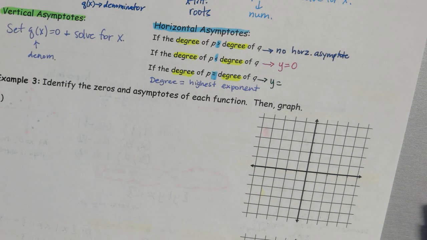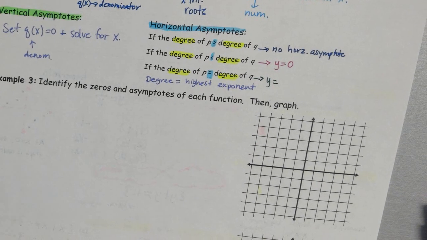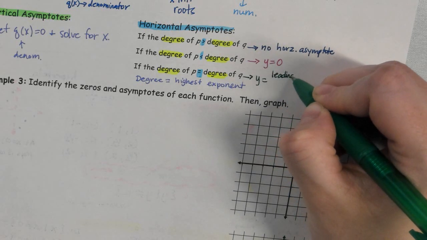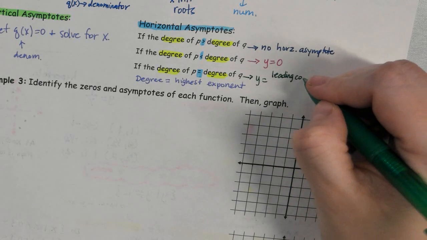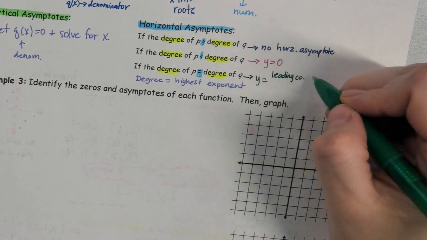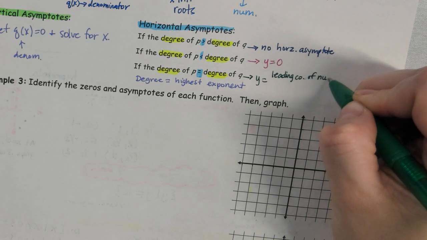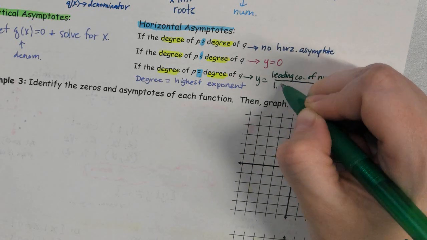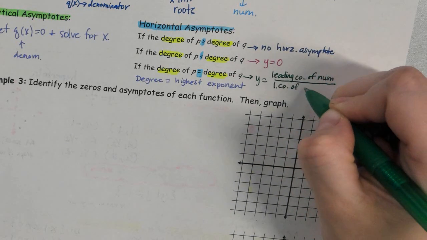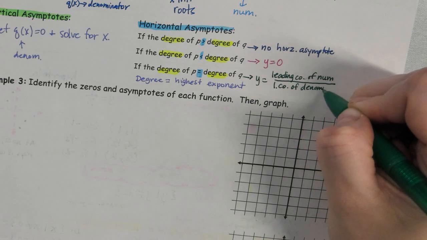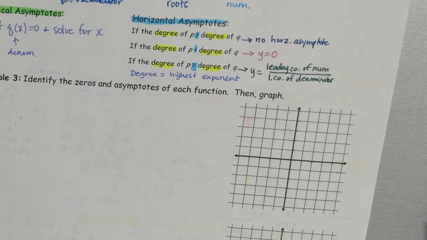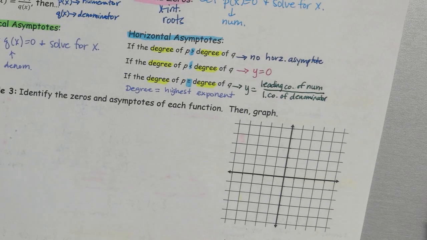If the degrees are equal, you take the leading coefficient of the numerator and put it over the leading coefficient of the denominator. I'll show you what that looks like.